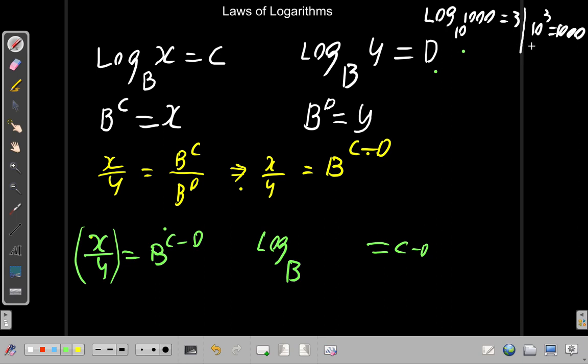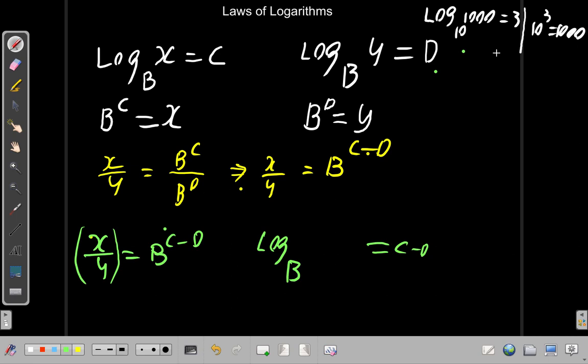In index form, the answer is the number that you're finding the log of in log form. So in index form, you say b to the c minus d equals x over y. You now write the x over y on the left and the b to the c minus d on the right.